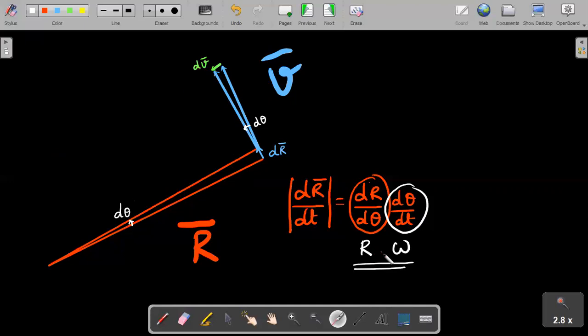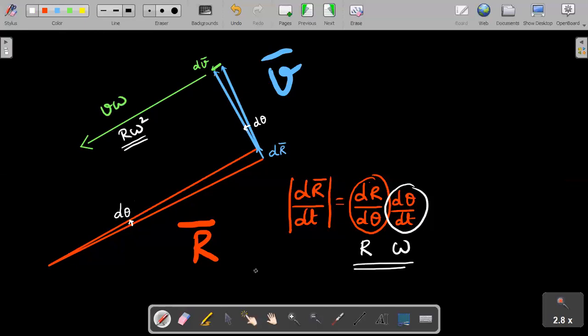If this answer was r omega, I think this answer would be v omega, which would be nothing but, I think if v is r omega, you would get r omega square.